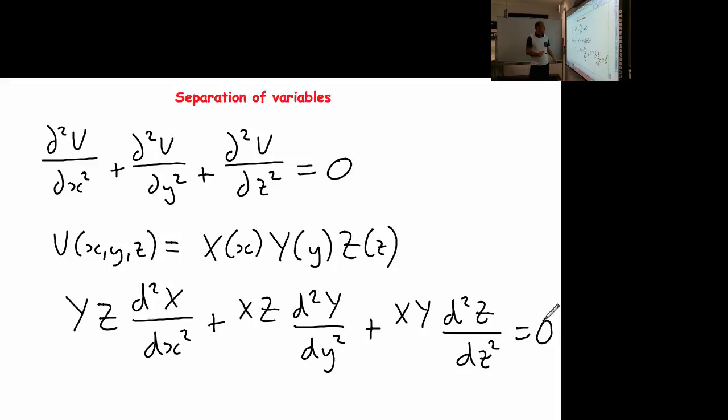So now what we've done is we've converted a partial differential equation into an ordinary differential equation. Now we divide across by X, Y, Z.